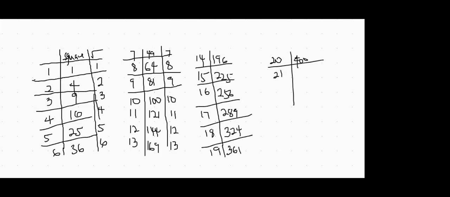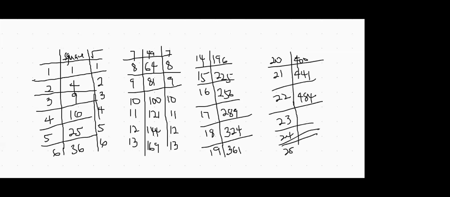The square of 21 is 441. The square of 22 is 484. 23 is 529.